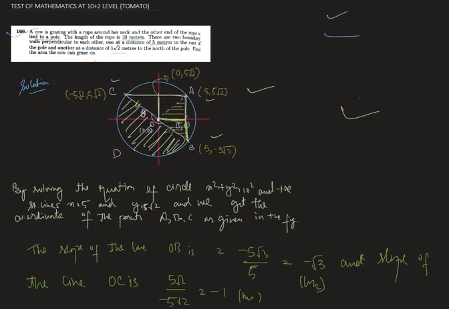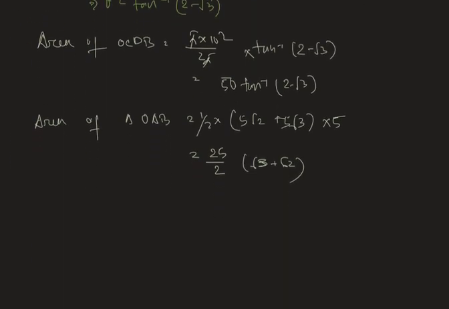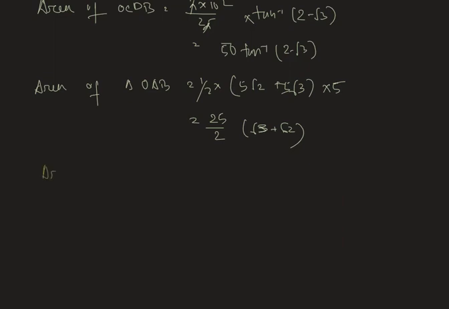And lastly, the area of triangle OAC is equal to half multiplied by 5 root 2 multiplied by 5 plus 5 root 2, which results in 25 by 2 multiplied by root 2 plus 1.